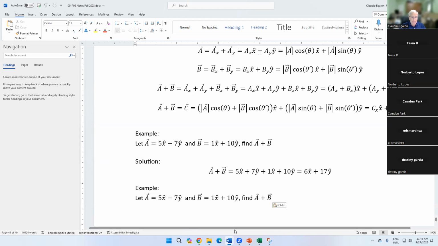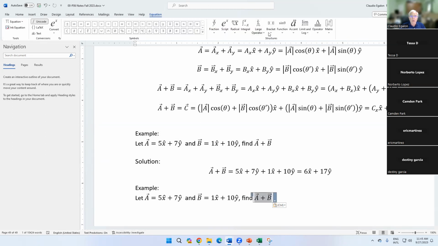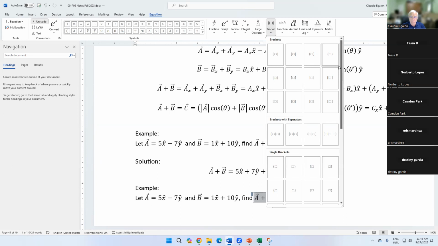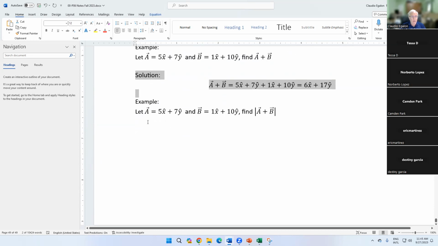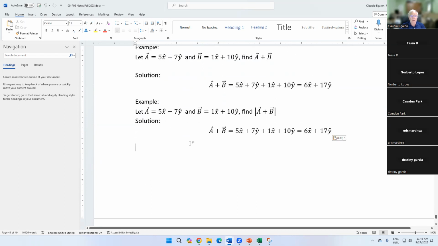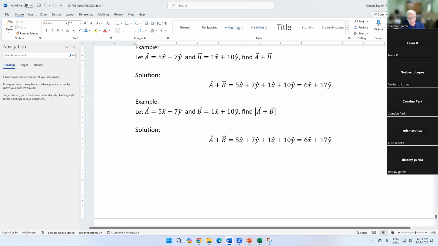Now I'm going to ask you to find something else. I'm going to ask you to find the magnitude of the summation of those two vectors right here. And then we are going to have a solution. Look at how convenient this notation is.